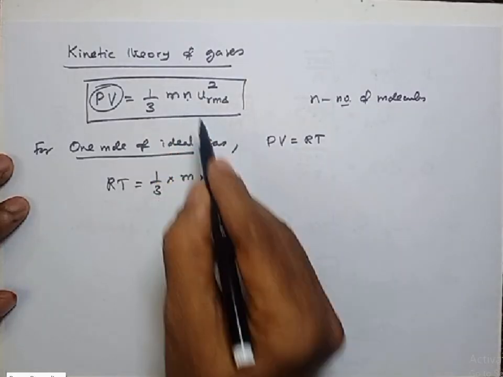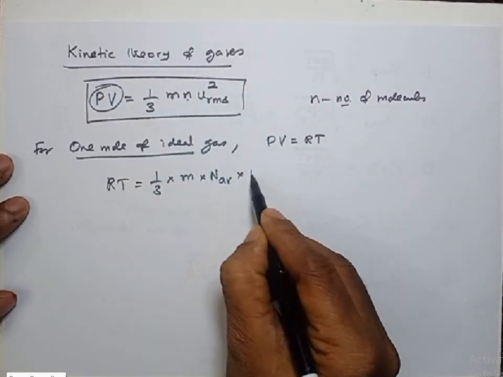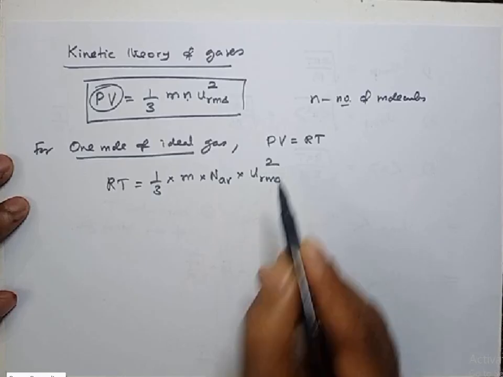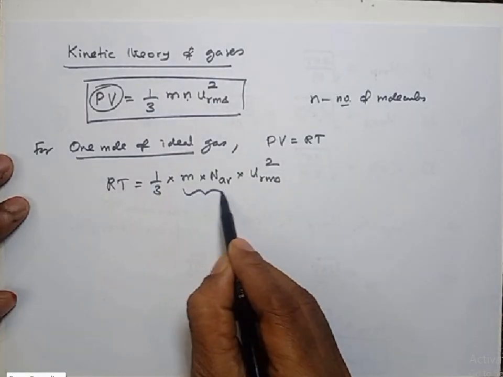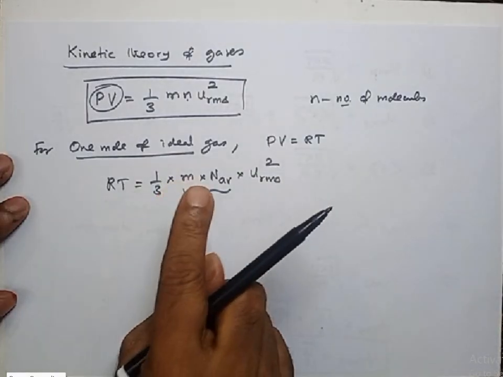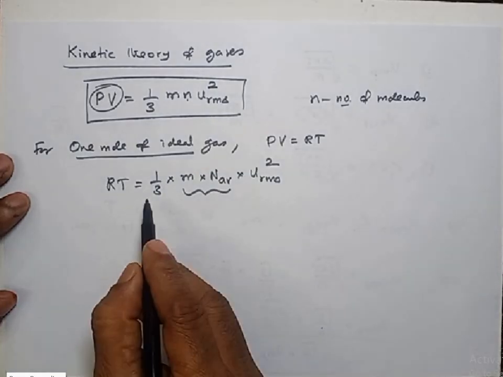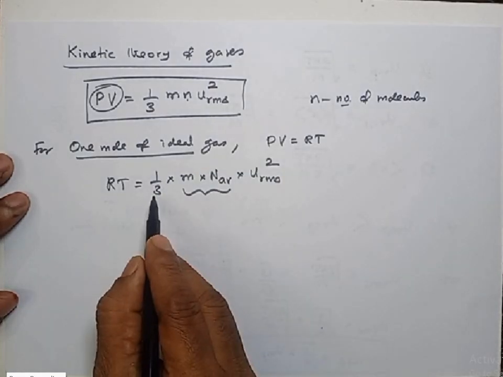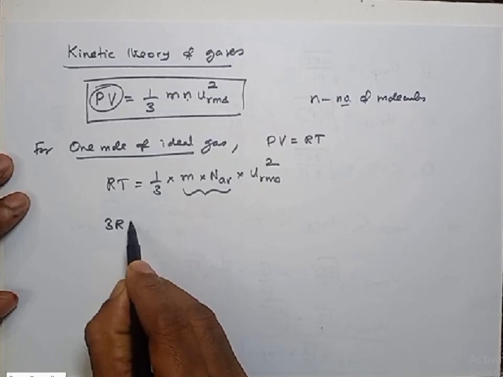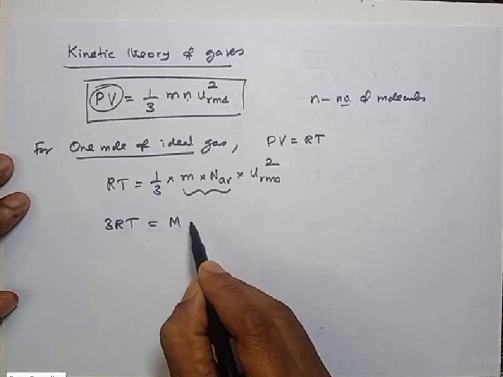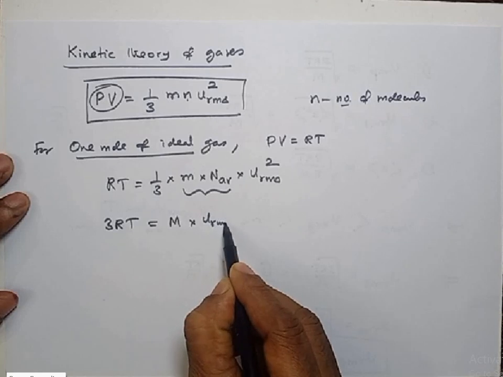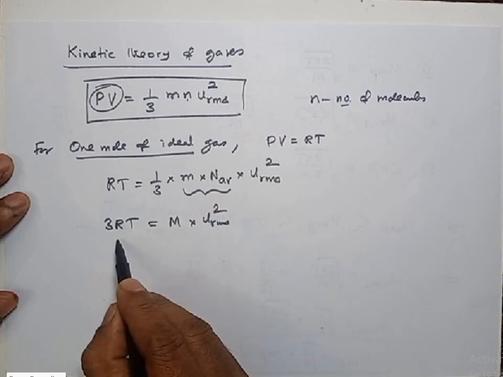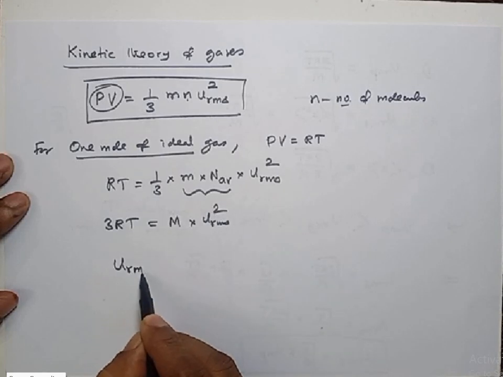So in the place of small n, I'll put Avogadro number into URMS square. What is m into Avogadro number? m, the mass of 1 molecule, into Avogadro number will give molar mass. Bring this 3 this side. So we'll get 3RT equals molar mass into URMS square. Bring this M here. So what is URMS? Anyone tell me? What is URMS?